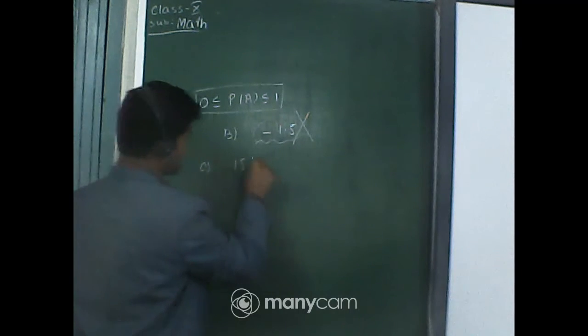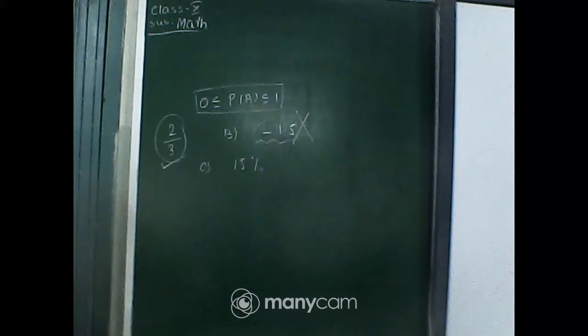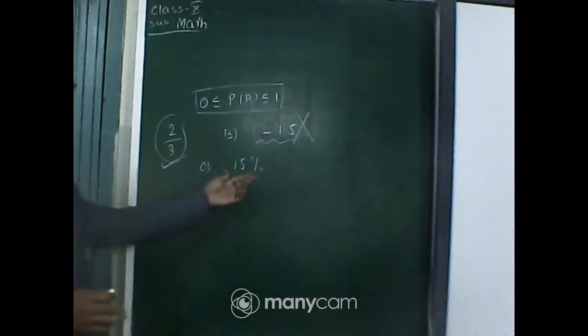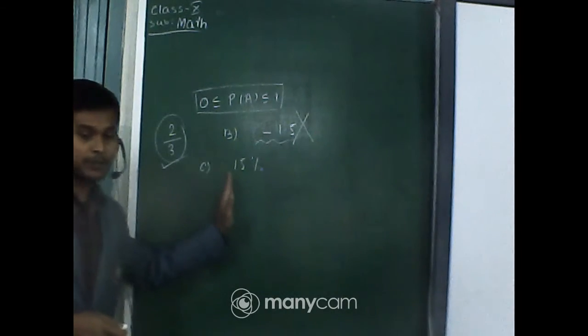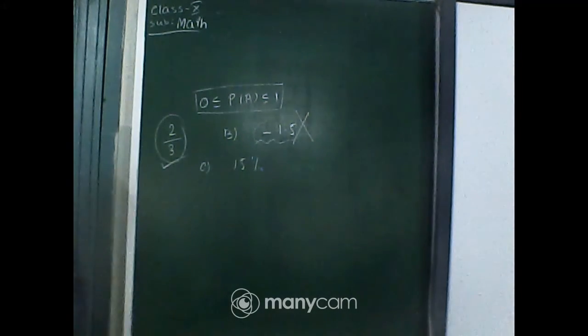Now the next is 15%. Okay, it is 15%. Can that be the probability of an event? Is it possible?